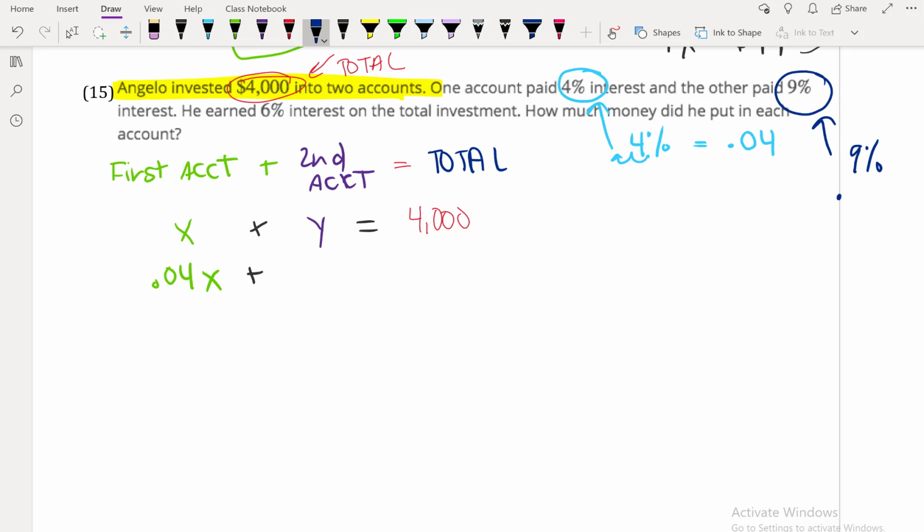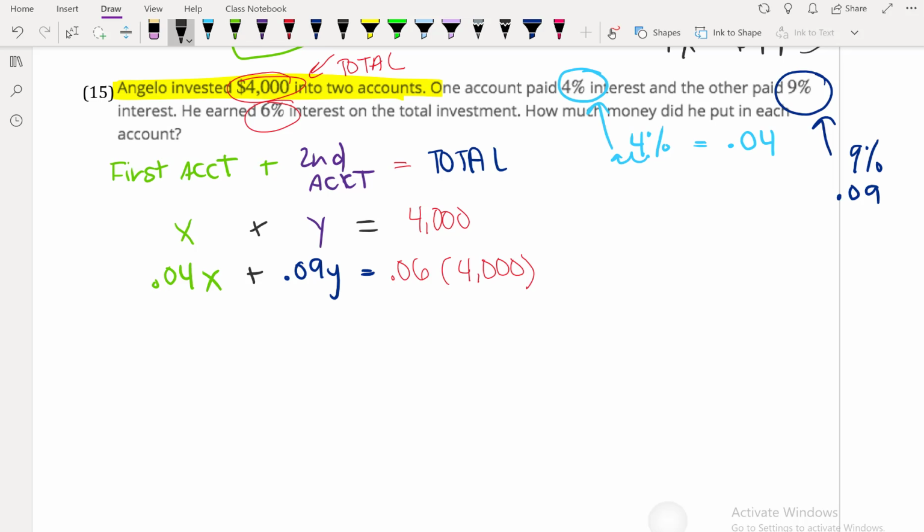So 9% can be written as 0.09, so 0.09y. And it says that he earned 6% on the total investment. So the 6% can be written as 0.06, and it's going to be multiplied by 4,000. So now I have my equation.